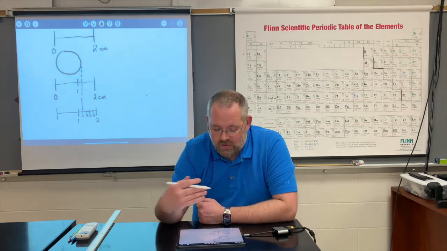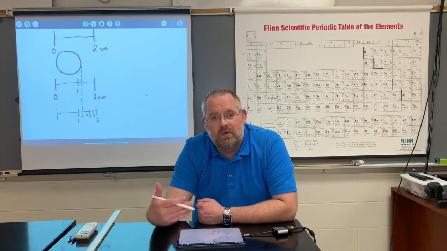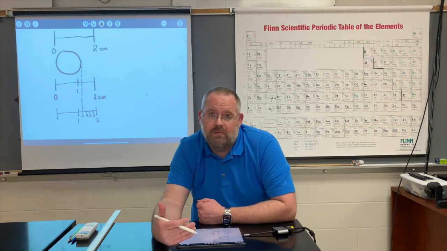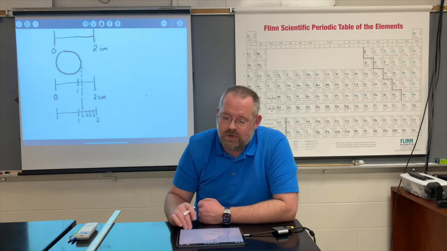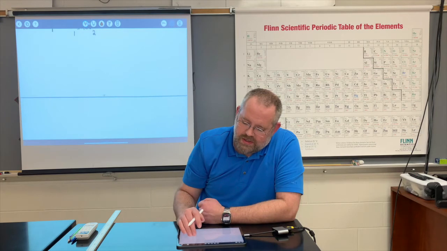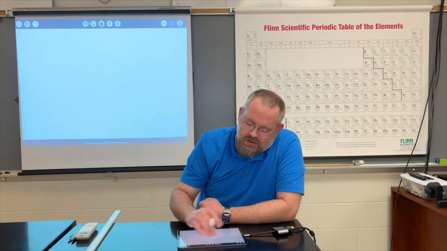So it matters what tools you're using, and it matters how much you estimate. Okay. The next thing I want to talk about is a little bit of experimental variables.